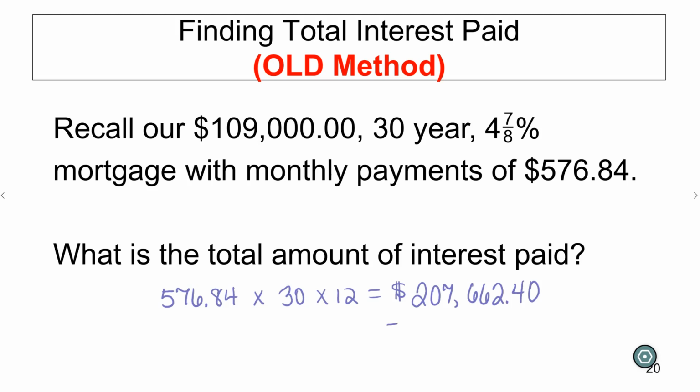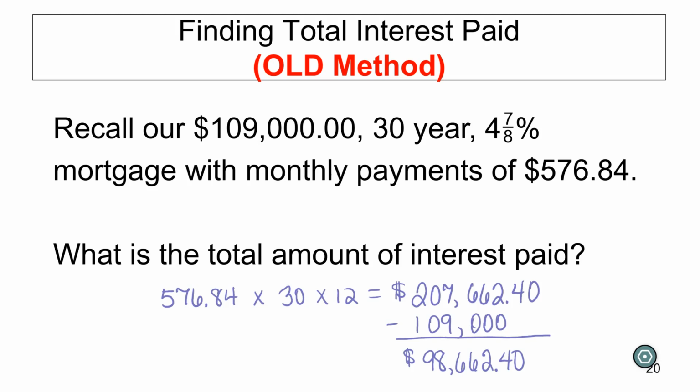And then we subtract the amount we borrowed, which was $109,000. This is our interest, $98,662.40. So we almost doubled the loan by paying all this interest. That's the amount of interest the old way.